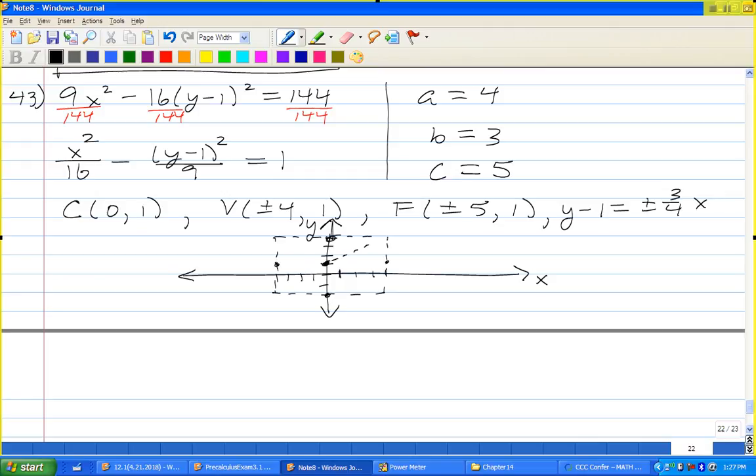Here are the diagonals of your bounding rectangle. And here is your center, your vertices, your foci at 5.